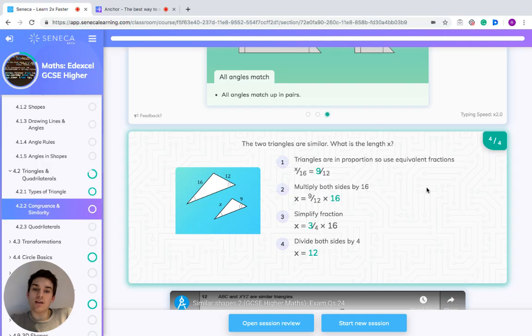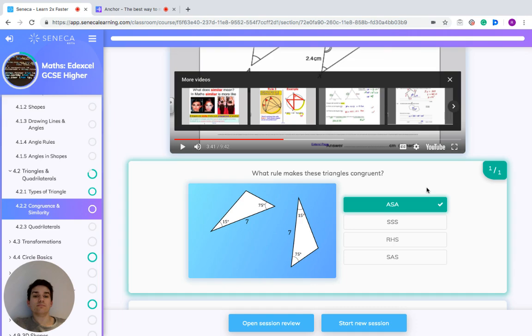So we know then that x is equal to 9 divided by 12 times 16, which would give us x is 12. So if the side is 16 and the triangle is similar, the unknown side we can work out is 12.